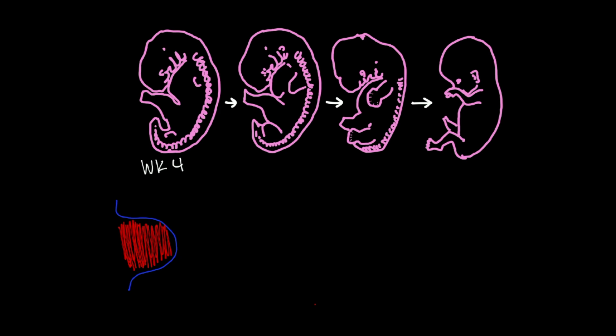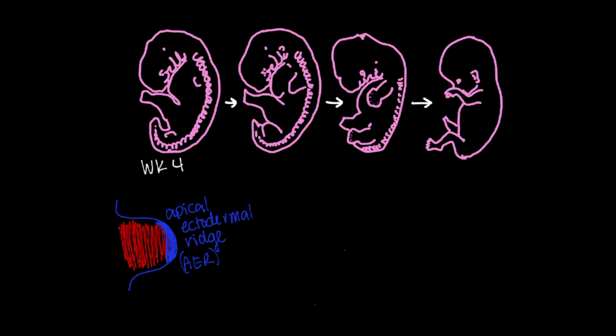The ectoderm will thicken at the distal tip, and this thickened region is called the apical ectodermal ridge. And I will just abbreviate it as AER. The function of the AER is it will induce the differentiation and the growth of the limb bud.